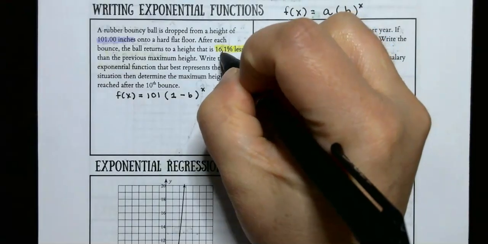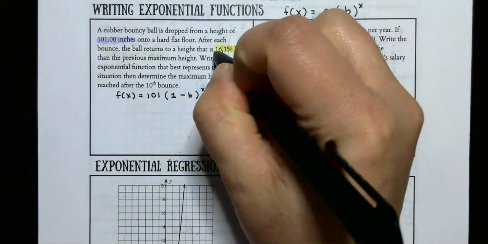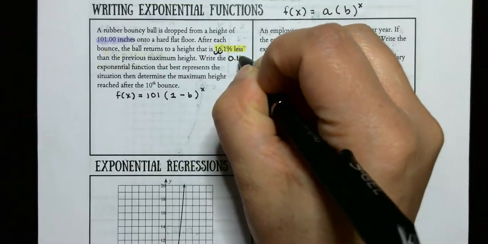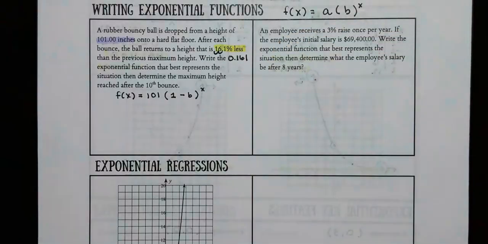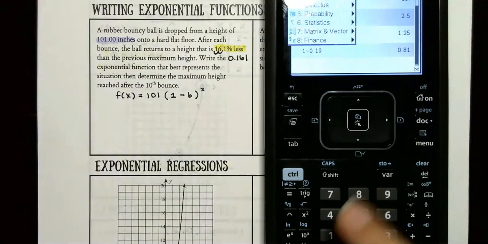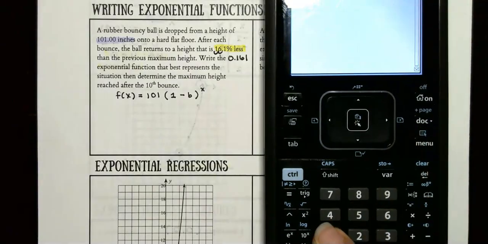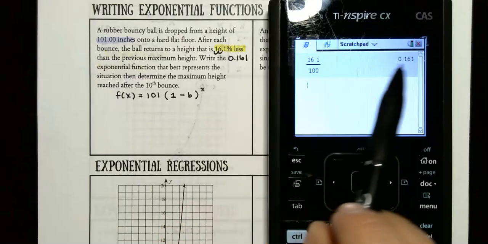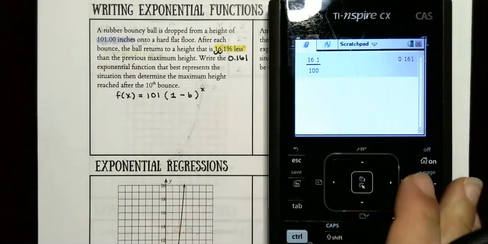You can take your decimal and just move it over 1 and then 2. That means our b value would be 0.161. If you find it difficult to remember to move it to the left, you can also take your calculator, take 16.1 and divide it by 100. If you divide a number by 100, it automatically moves the decimal 2 places to the left. Notice that it gives me the exact same thing. So there are 2 ways you can do that.